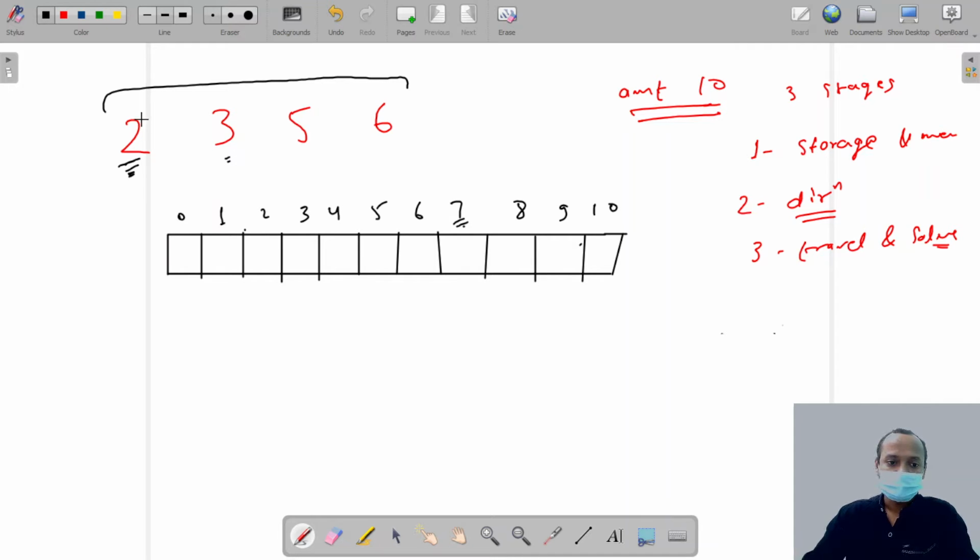So what we are going to do, first we choose this coin, then we pay this amount by using only this coin. Then again we use this, then this, then this. So first we are using this coin to pay all these amounts, using only the first coin, that is 2.